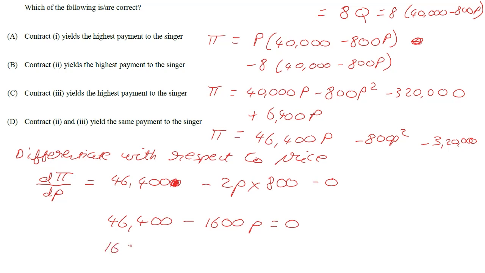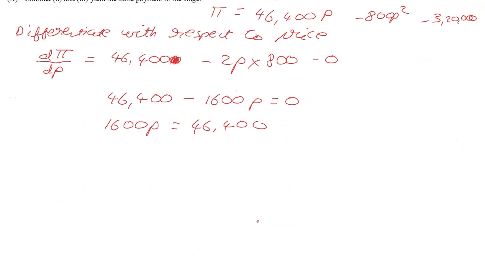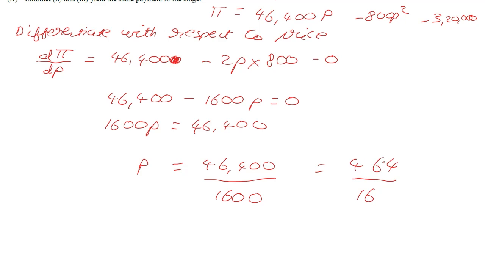Therefore 1600p is equal to 46,400. Hopefully we'll get a smooth number. 46,400 upon 1600 is as good as 464 upon 16.